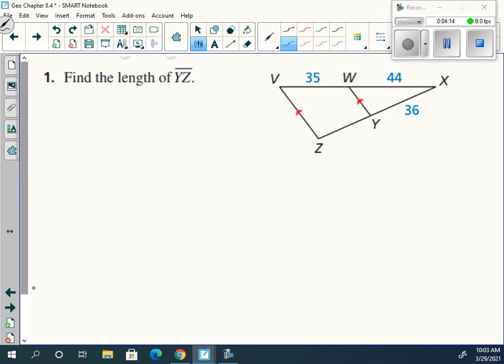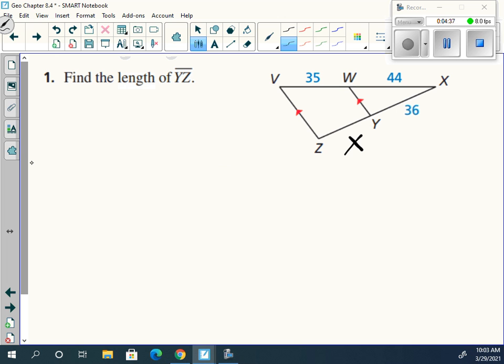Let's look at this here. They told us that these two lines are parallel, and we want to find YZ. Now we're given 36, 44, and 35, and they wrote those in for us already, so we don't really have to assign those.